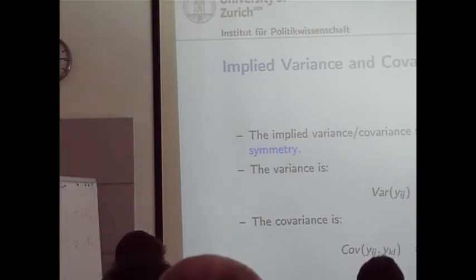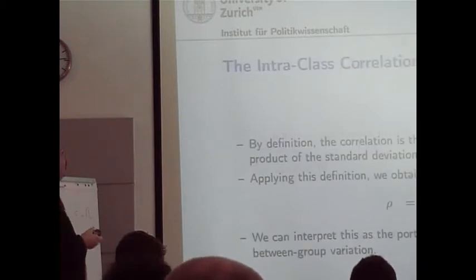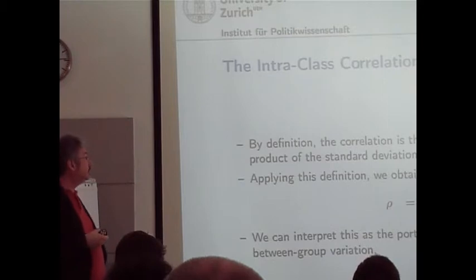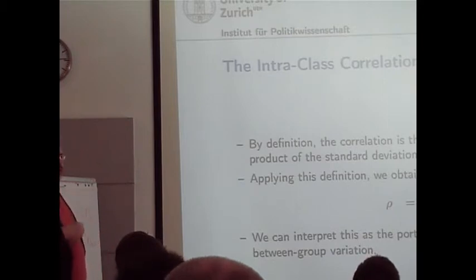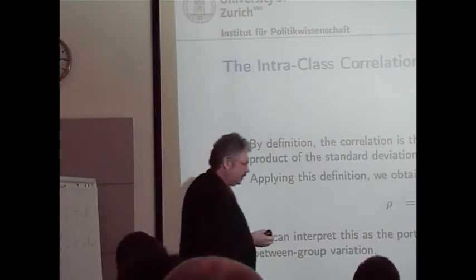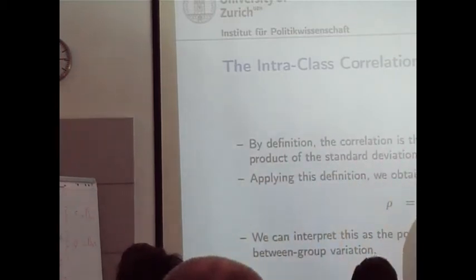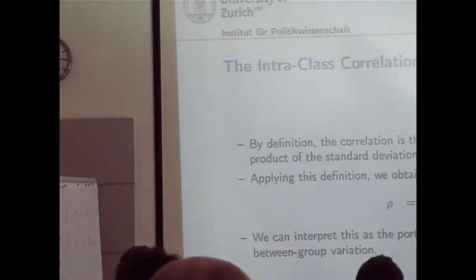Now, with this information, we can calculate the interclass correlation. Because what is a correlation? Correlation, by definition, is the ratio of the covariance to the product of the standard deviations, and we have the ingredients for the standard deviations, and we have the covariance.